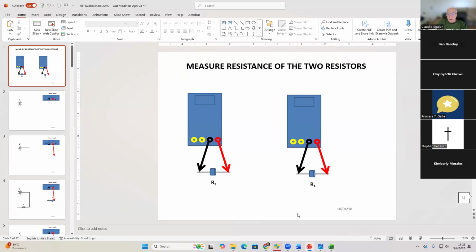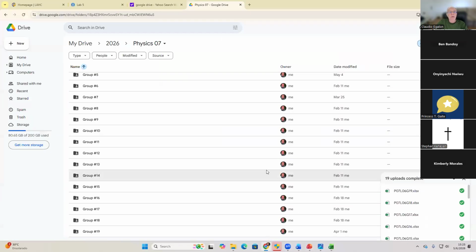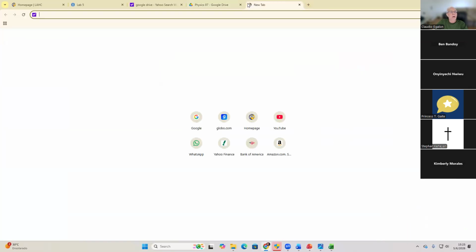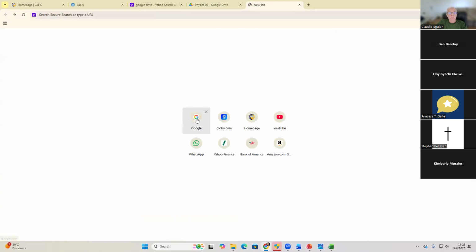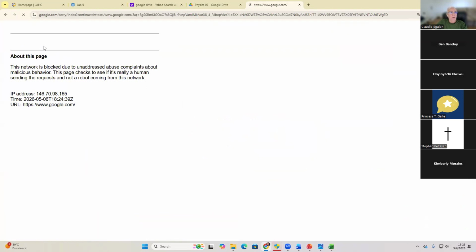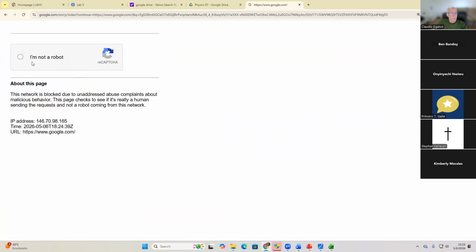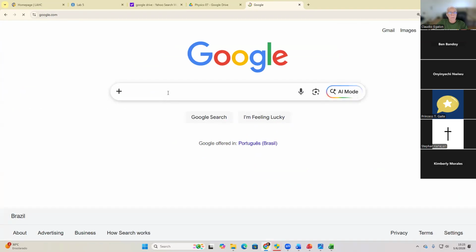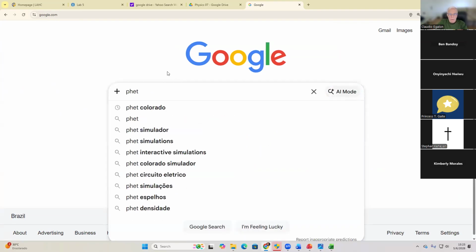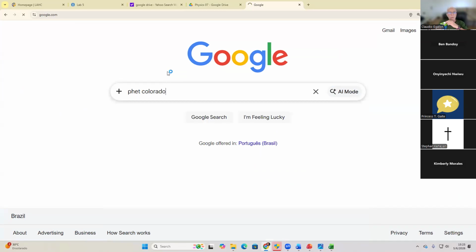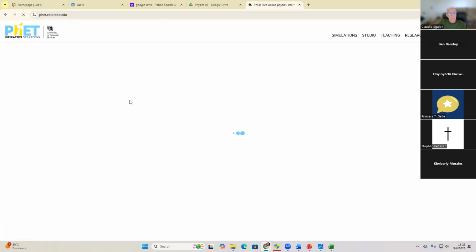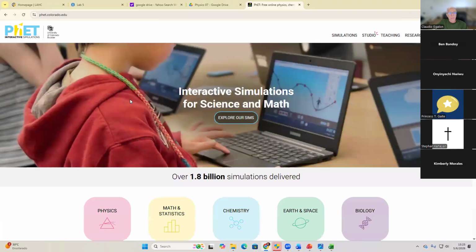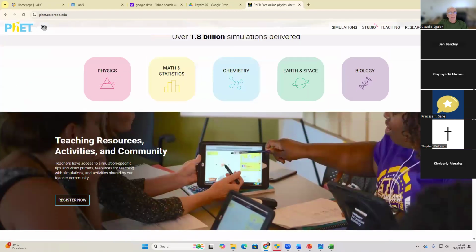And let's go through that PhET simulation, right? Like we did before. Should be very helpful. Not this one here. PhET. Physics.